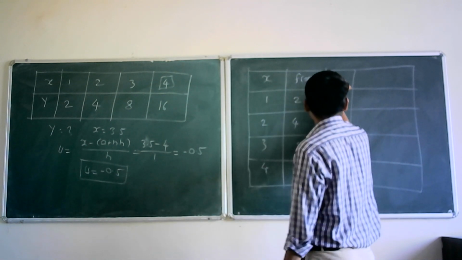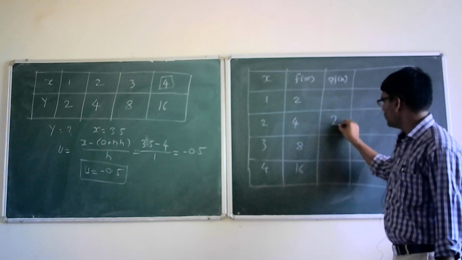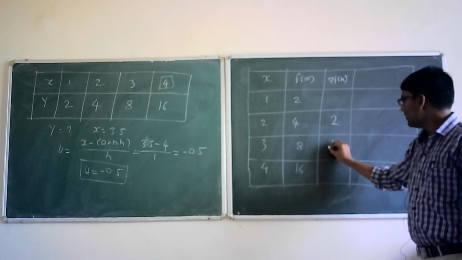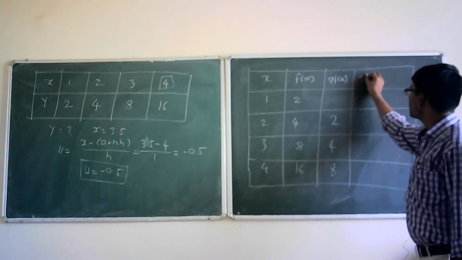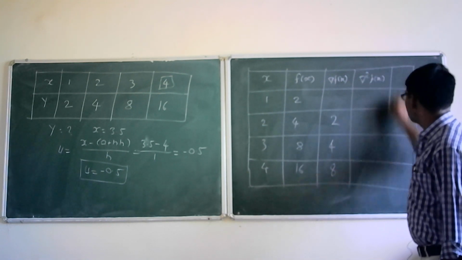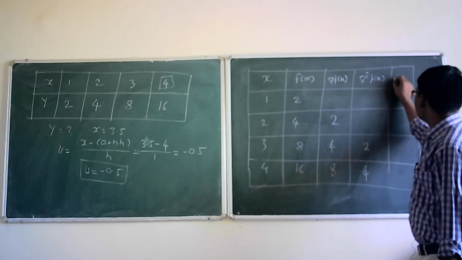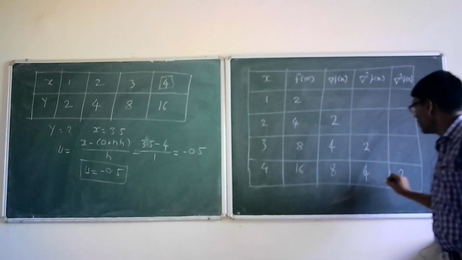So what is del f of x? 4 minus 2 is 2. 8 minus 4 is 4. 16 minus 8 is 8. Then del square f of x is equal to 4 minus 2, 2, and 8 minus 4, which is 4... and del cube f of x is equal to 4 minus 2, which is 2.